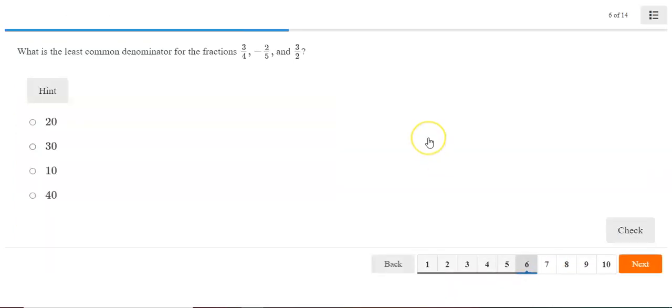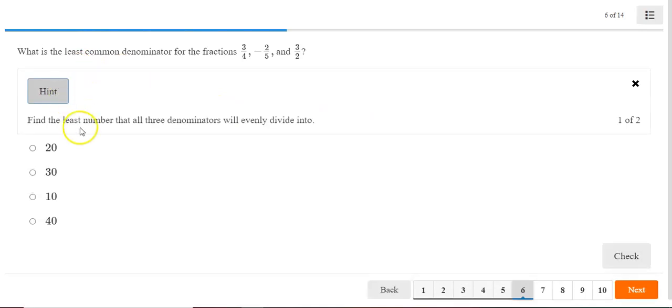Number 6. What is the least common denominator for the fractions 3/4, negative 2/5, and 3 over 2? What the hints are telling us to do is find the least number that all 3 denominators will evenly divide into. You can start by multiplying the least denominator by the greatest.